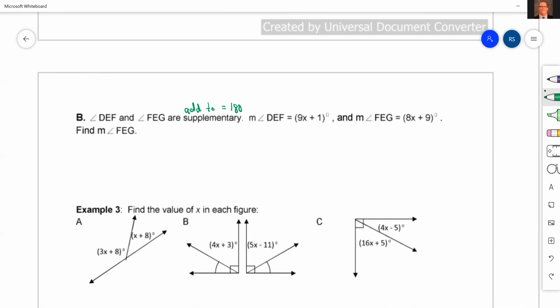So let's set up our equation: 9x plus 1 plus 8x plus 9 equals 180. Now we've got our terms to combine. 9x plus 8x is 17x, and then our plus 1 plus 9, so we have plus 10 equals 180.